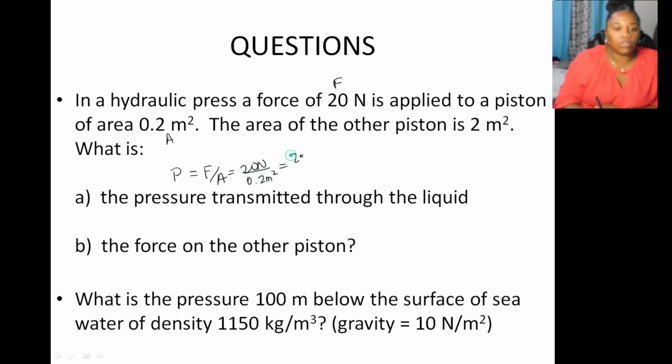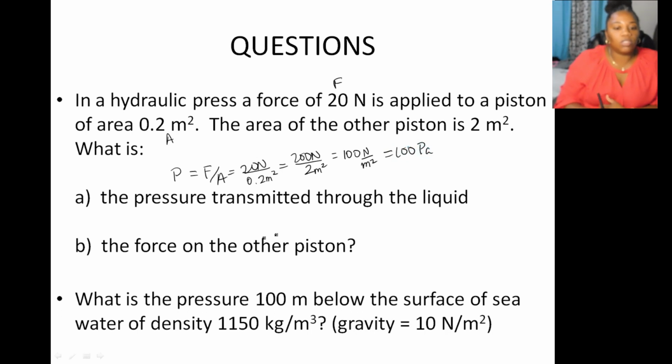We could do this as 200 newtons over 2 to get the decimal point off, and then we end up with 100 newtons per meter squared, which actually translates to 100 pascals.